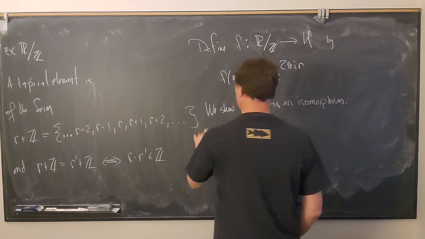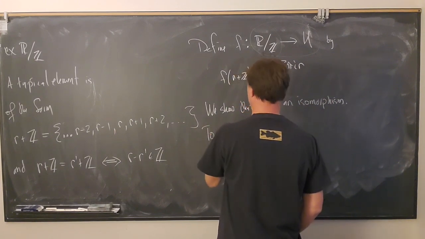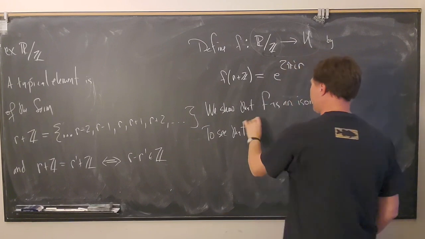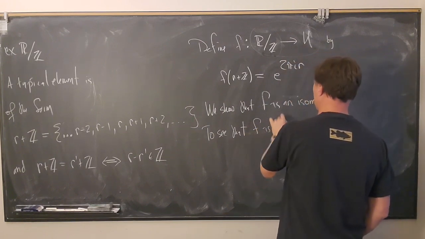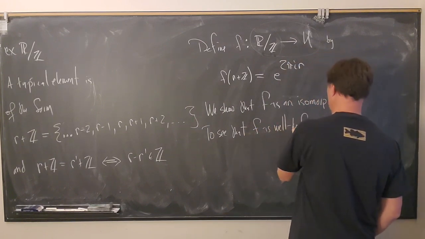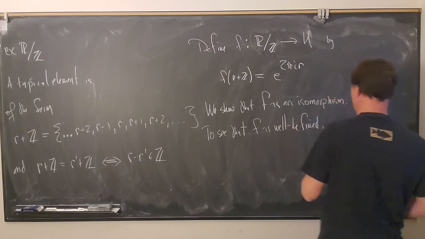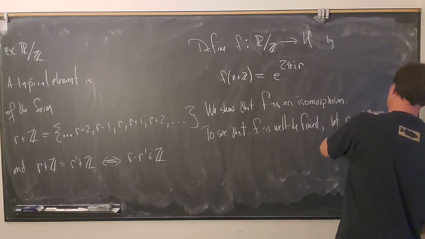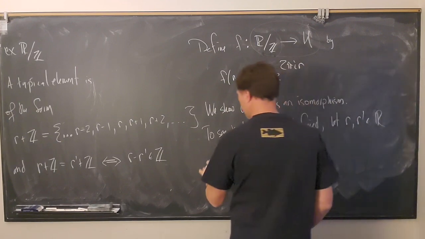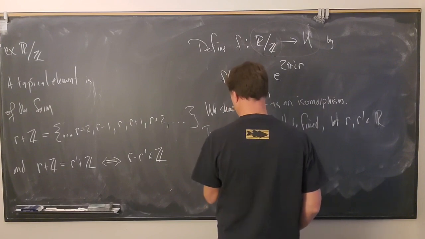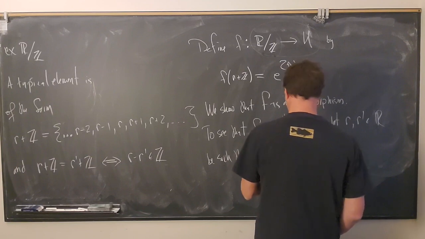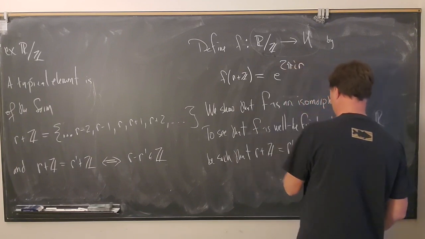So to see that F is well defined, let r and r prime in R be such that r plus Z equals r prime plus Z.